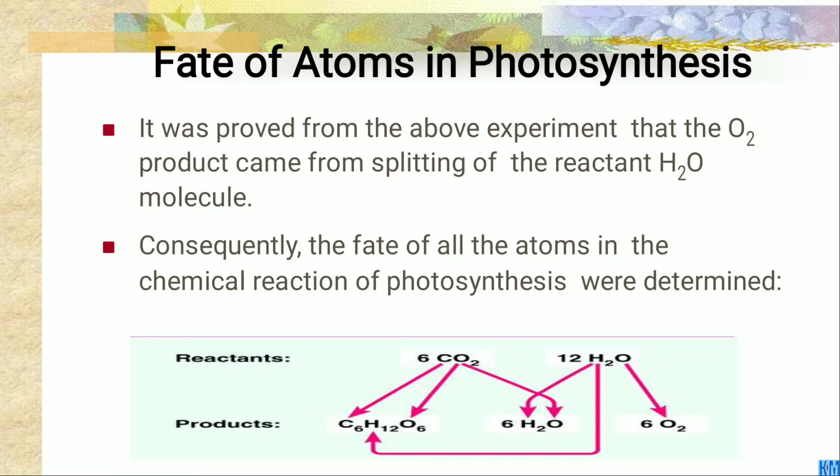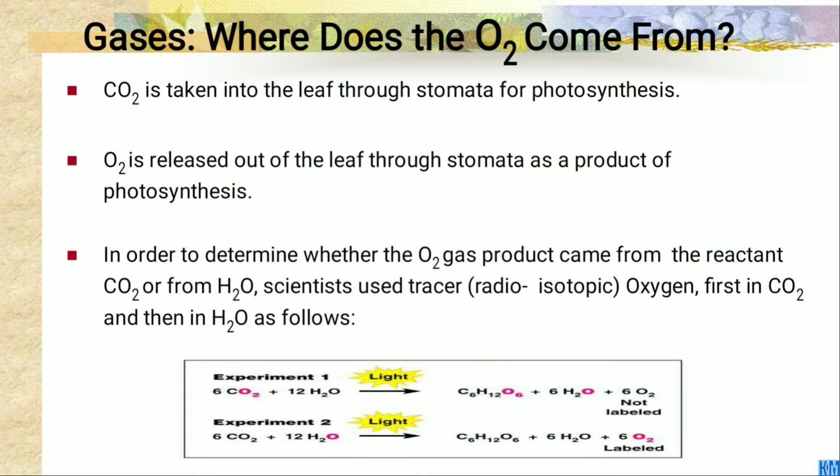H12 from water and O from CO2, and again 6 H2O, O from CO2 and H2 from water and O from the hydrogen. In the first experiment the O2 is not labeled, and in the second experiment it is labeled.